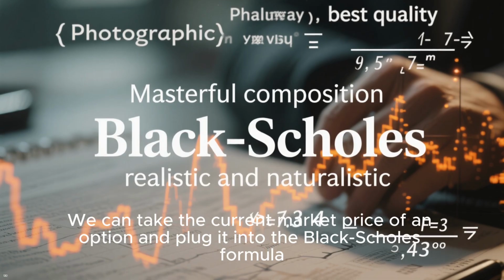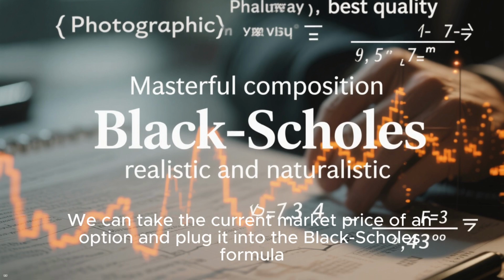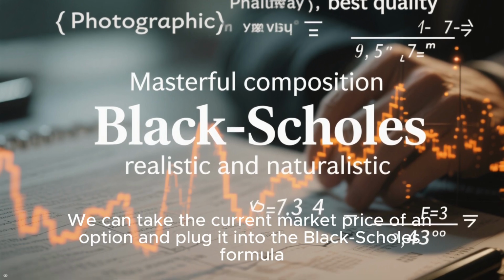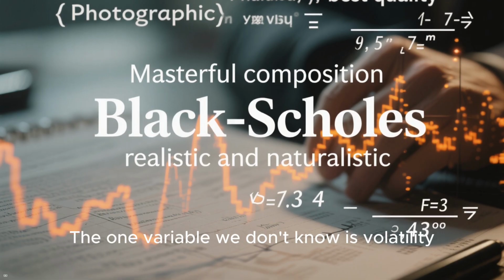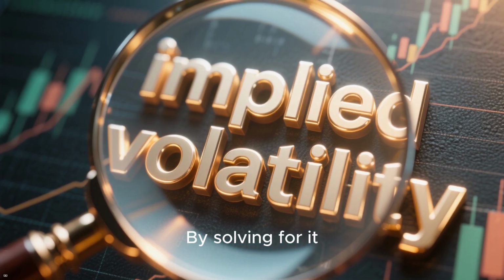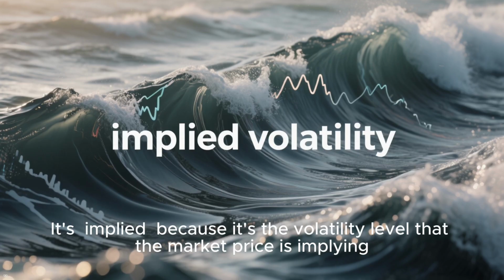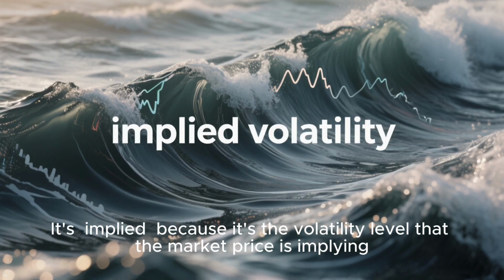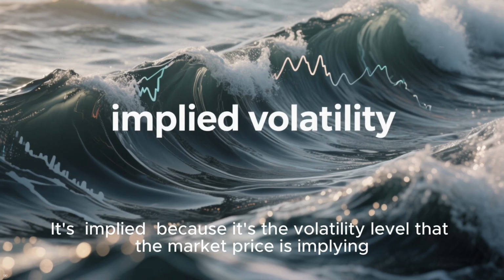We can take the current market price of an option and plug it into the Black-Scholes formula. The one variable we don't know is volatility. By solving for it, we get what's called implied volatility. It's implied because it's the volatility level that the market price is implying.